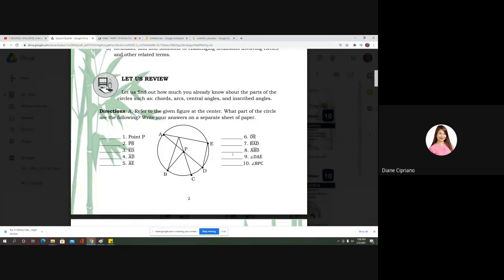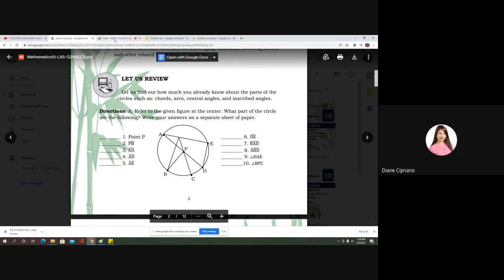For our number 8, it is the ABD arc, or our semicircle. And then the angle here is the angle DAE, our inscribed angle, and our BPC is our sector. So that would be our review.